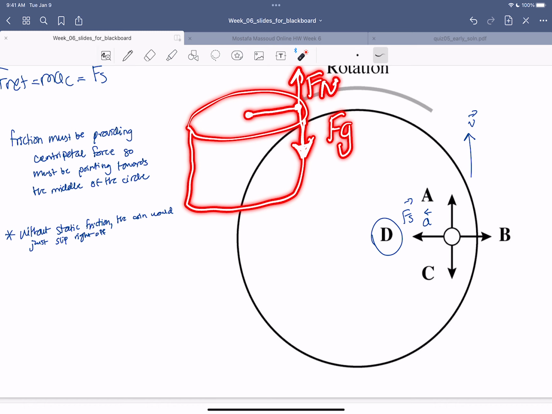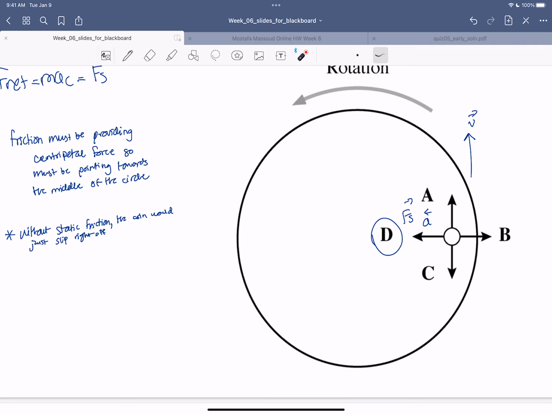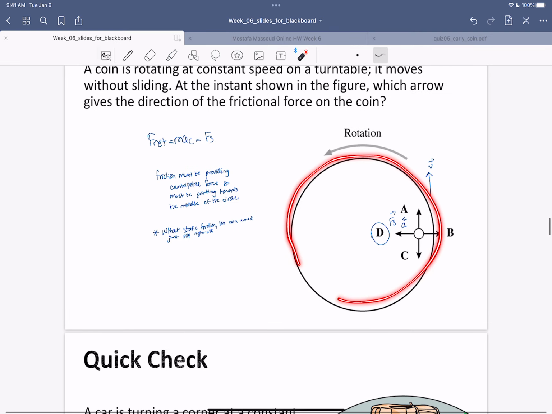Now, in order to keep moving in that circular motion, what force provides that circular motion? Well, the only force acting on it to prevent sliding or slipping is static friction. And so static friction would have to act this way, towards the center of the circle, giving us centripetal acceleration and therefore allowing us to continue moving in that circular pathway, but also without slipping.